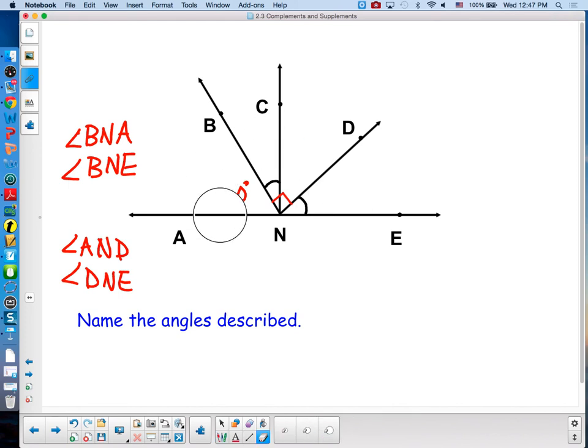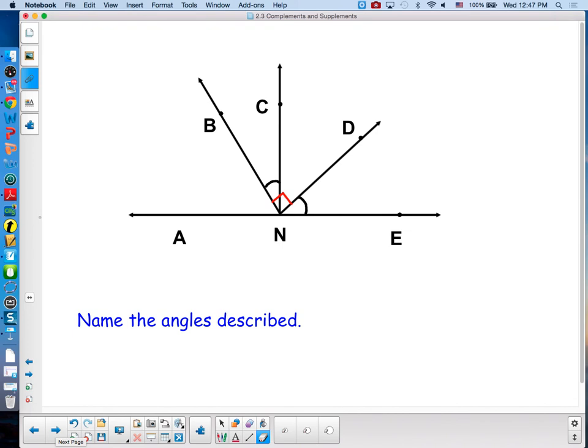Okay, and before we leave this picture, name congruent angles. A review idea. Congruent angles.